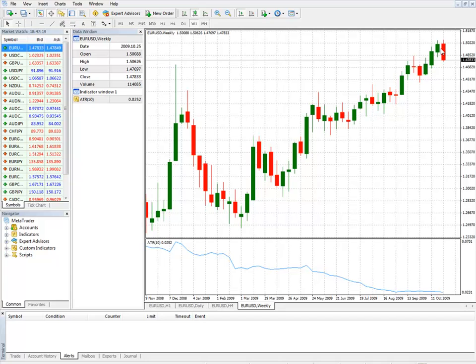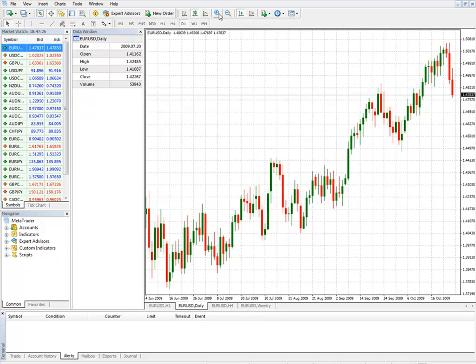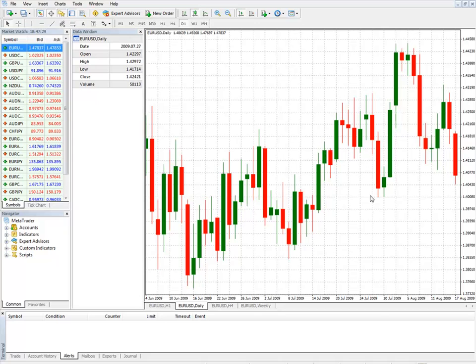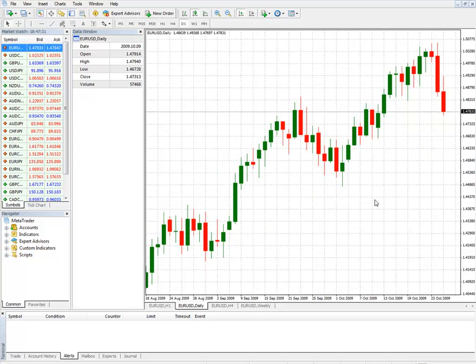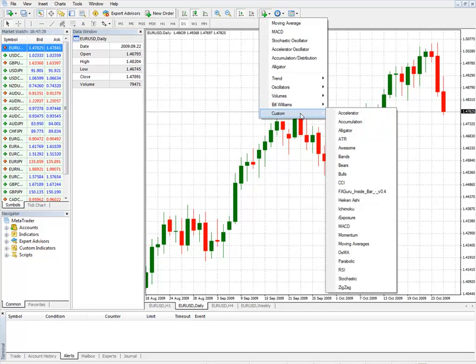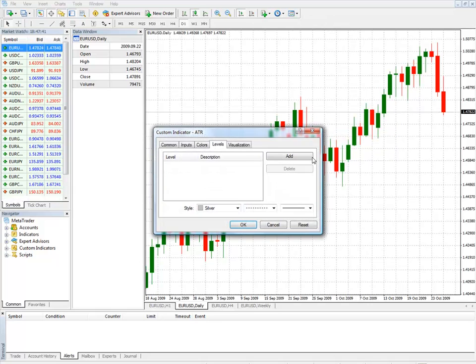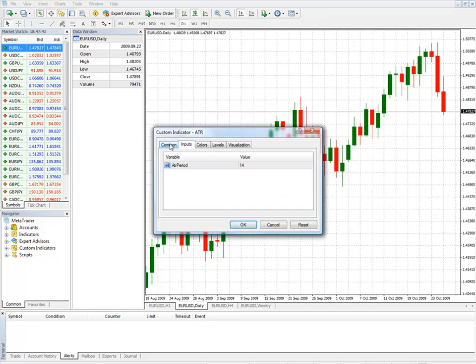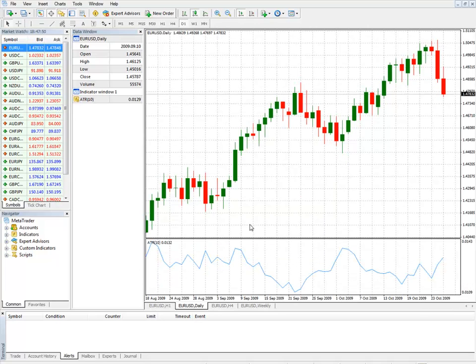So what we're going to do here is go to a daily chart, for instance, and let's expand that. Okay, auto scroll brings us back, and let's do the same thing there. Let's go down and grab our average true range. We'll do 10 period. There we go. What are we looking at here?